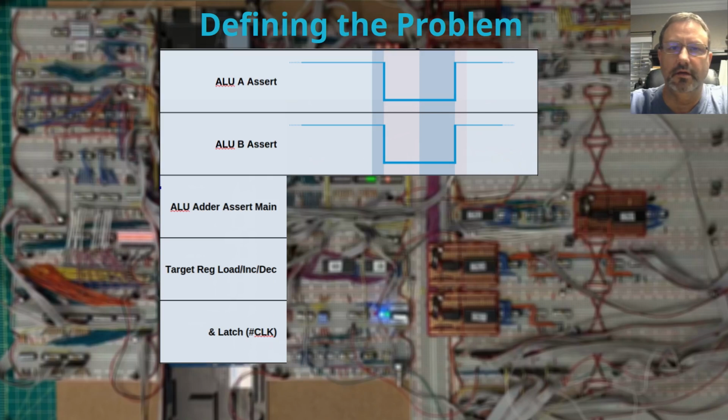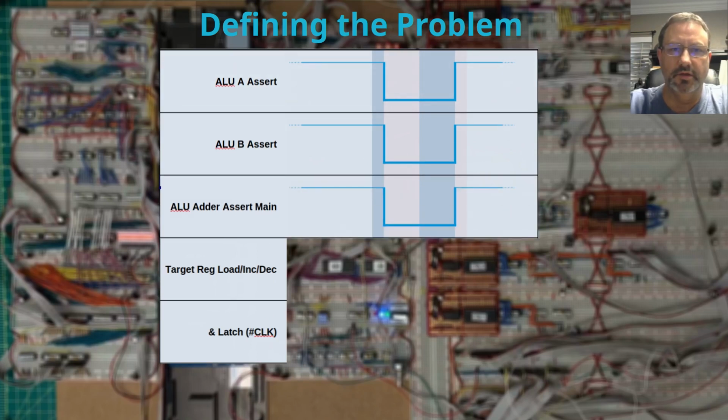Similarly, the ALU adder result was supposed to be asserted out onto the bus during the entire clock cycle as well. Now, all 3 of these are active low signals, and so the signals themselves drop at the beginning of the clock cycle and remain low for the entire clock cycle and return back high at the end. So something else can take over that particular bus and do whatever it needs to do.